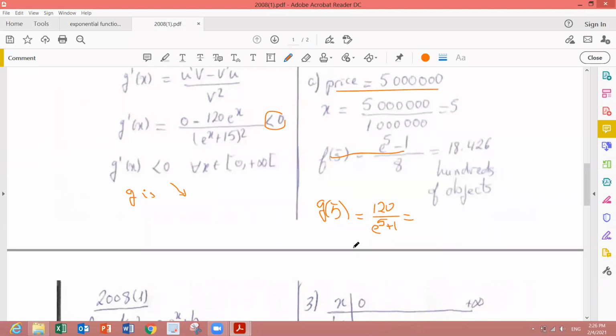Using the calculator, 120 over e power 5 gives 0.803 hundreds of objects, approximately 80 objects.